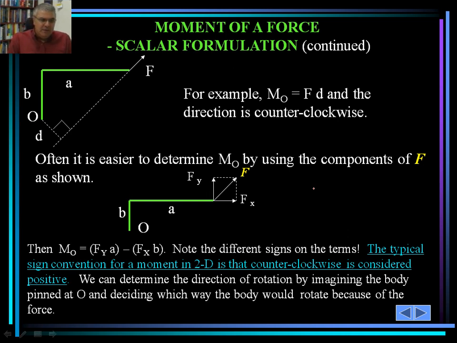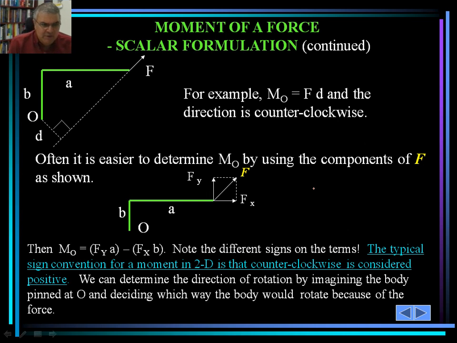In this case we consider counterclockwise positive. I consider counterclockwise positive myself, but if we don't consider the sign and we just stay consistent with the sign convention that we use, the answers would turn out to be correct.